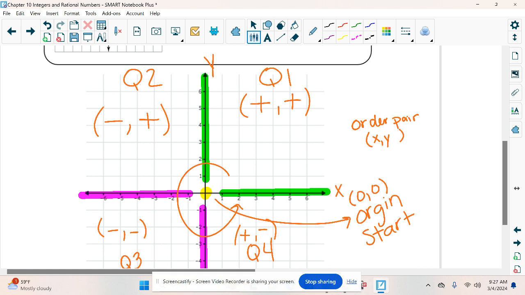One more time. Start at zero, left or right, then go up or down, plot the point. Alright, let me sit down now.